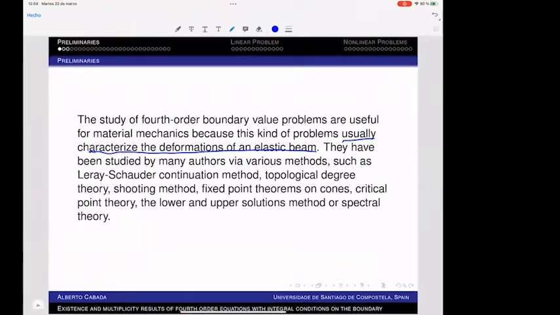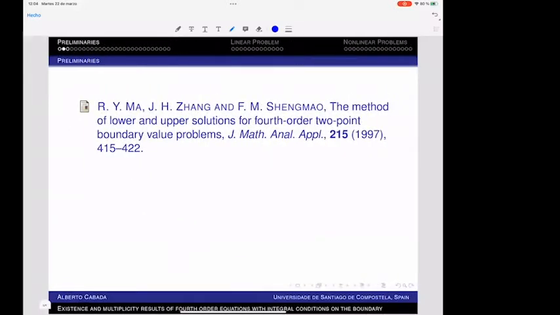To study this kind of problems, there are many methods that have been used: degree theory, shooting method, fixed points, critical point theory, lower and upper solutions, or other kinds. Here, in this paper, I show only a few.